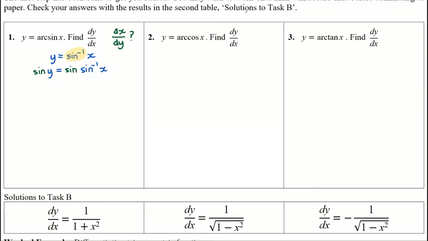And perhaps it would be better just to put this in brackets, but what you'll notice is that because I've done that, the sine and the inverse sine will cancel, and I can rewrite this as sine of y is equal to just x.